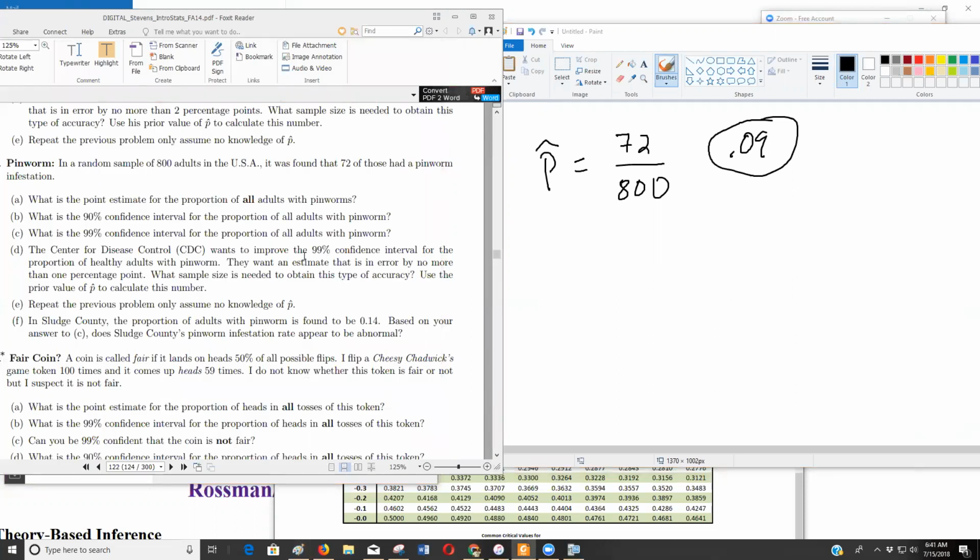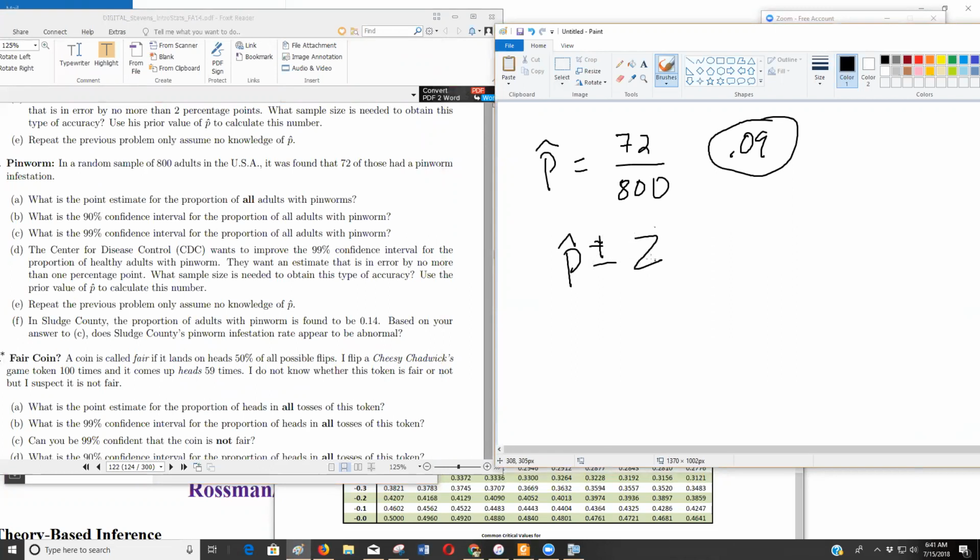So what's the 90% confidence interval for the proportion of all adults with pinworms? Well, we have to think back. If you look in the book and in the sections, to get the confidence interval, you take your point estimate plus or minus the margin of error.